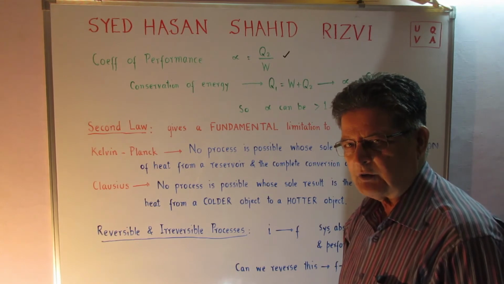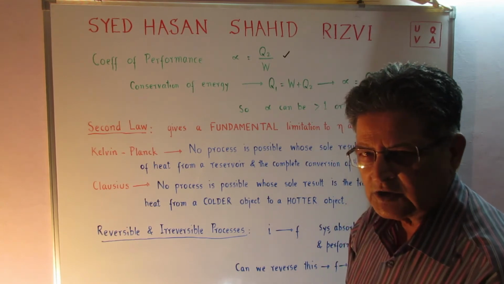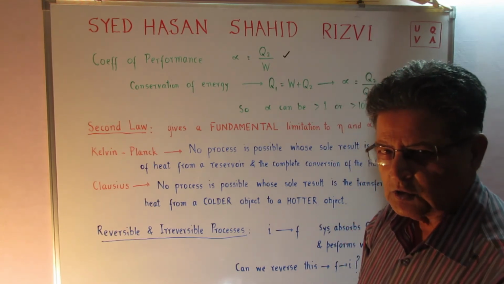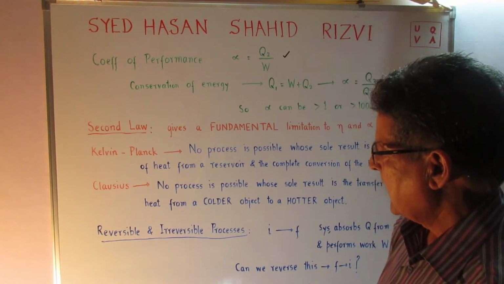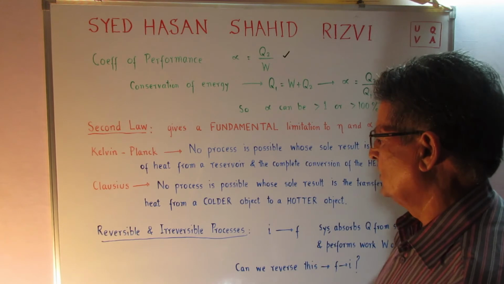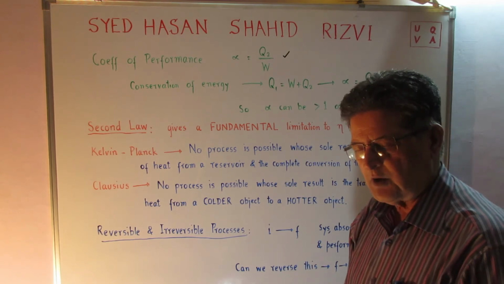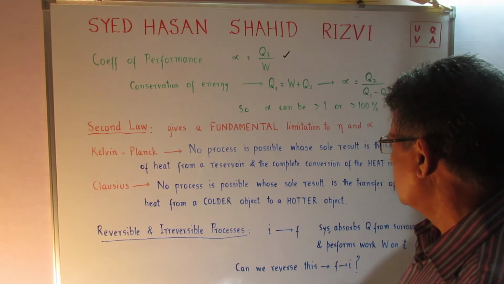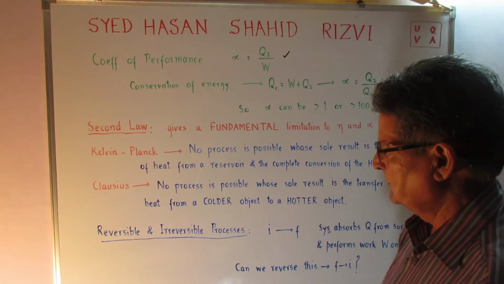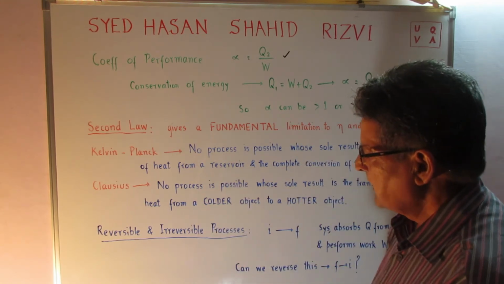So there is some kind of tax which is taken in the process, taxed by the system, and similarly it's not possible to transfer heat from a colder object to a hotter object. That's Clausius.